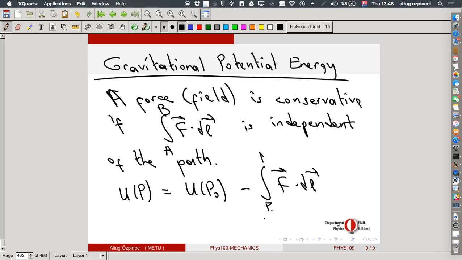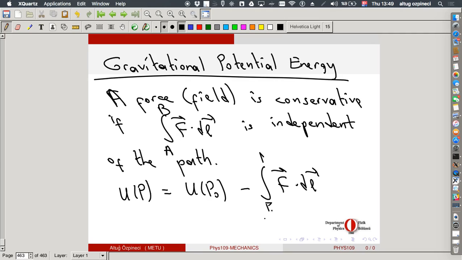So because of this minus sign, let's just take the example of this mass. If I am lifting it up, we had said that I am doing some work on this mass, and hence I am transferring some of my energy into this mass. The work that I have done is nothing but the force that I have exerted on this mass integrated over the path from the initial point to the final point.